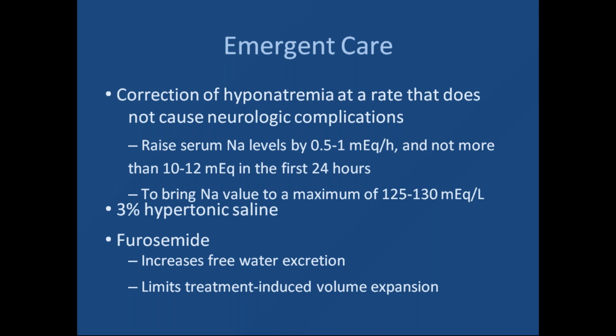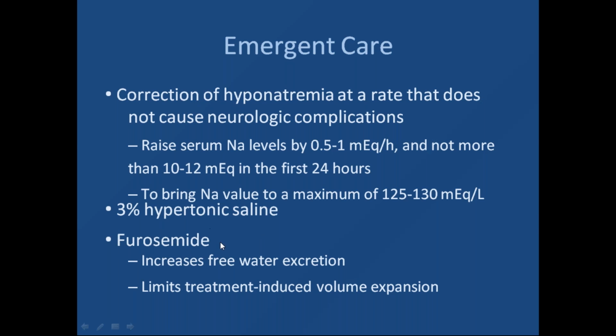It has a small volume and contains a very large amount of salt. So we won't be giving excessive water, because the problem in SIADH is that there is excessive fluid in the body. So first we have to restrict the fluid. We have to restrict water ingestion into the body. So that's why I use 3% hypertonic saline.